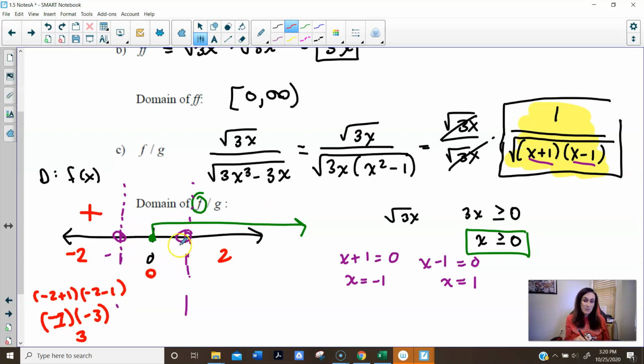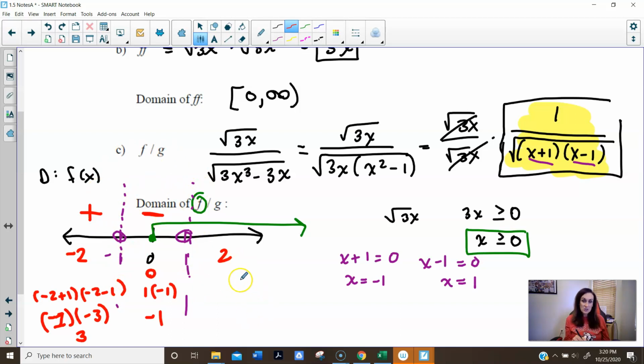In this middle part, when I plug in 0, again I'm plugging it into this x plus 1 times x minus 1, I would get 0 plus 1 is 1, and 0 minus 1 is -1, and that is going to come out negative, which means I cannot use any numbers in that area from -1 to 1.